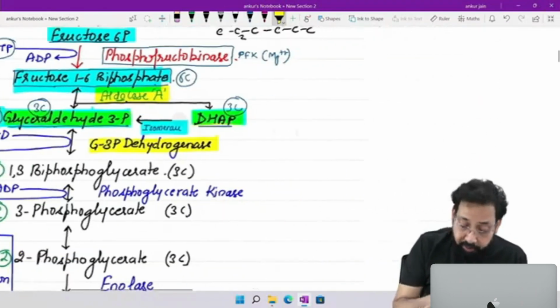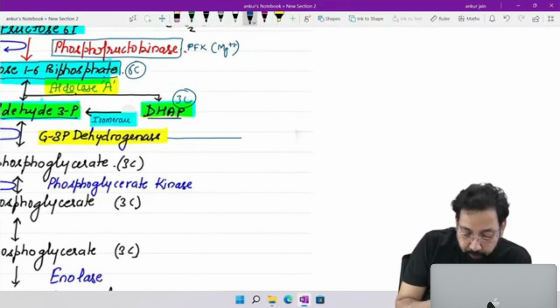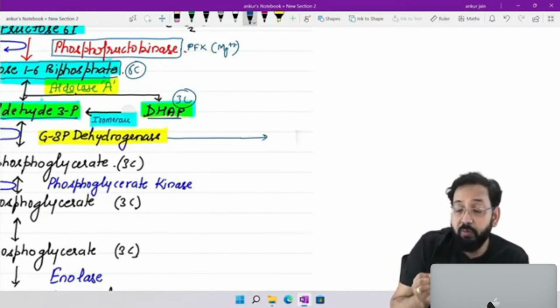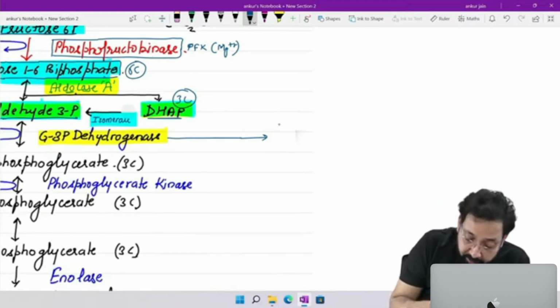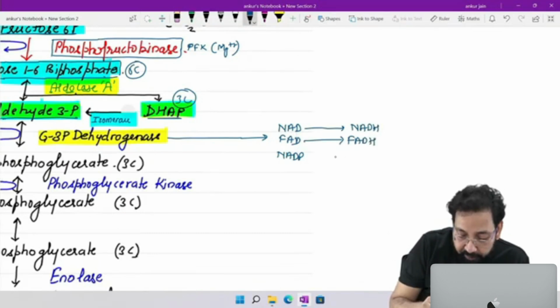Now I would say in complete biochemistry, whenever you find the word dehydrogenase, it means removal of hydrogen. Hydrogen will be taken up either by NAD or FAD or NADP. If it is taken up by NAD, it forms NADH. If it is taken by FAD, it forms FADH. If it is taken by NADP, it forms NADPH.